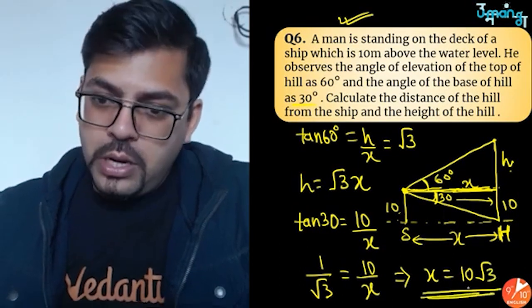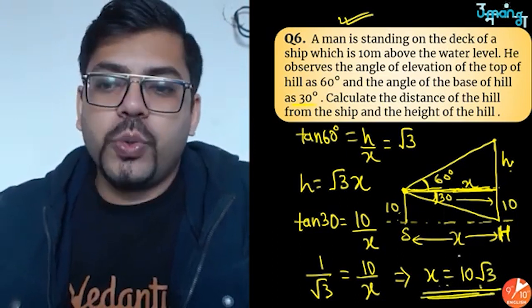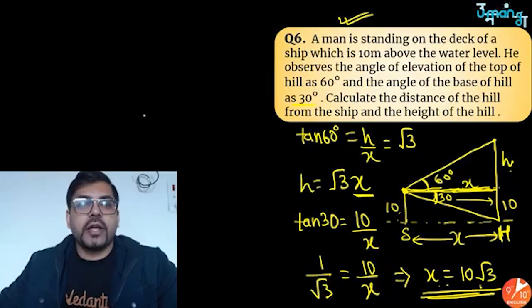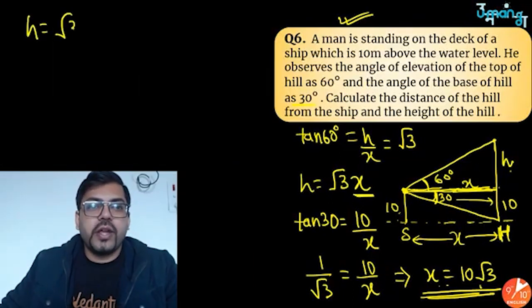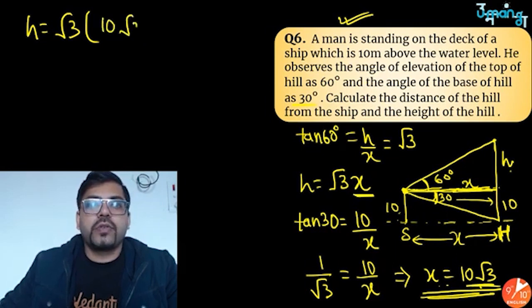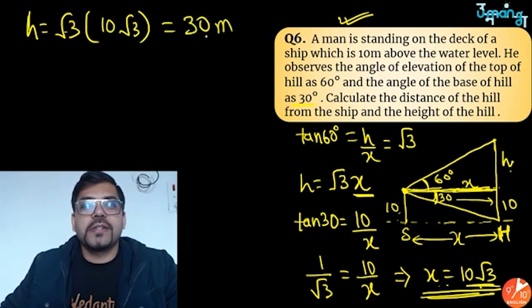Once you get x equals 10 root 3, you can actually put the value of x here in this equation, and then you can get h equals root 3 into x. So in place of x, I'll write 10 root 3. So that is 10 root 3 times root 3, 3 tens are 30. So hence what we get is h equals 30 meters.